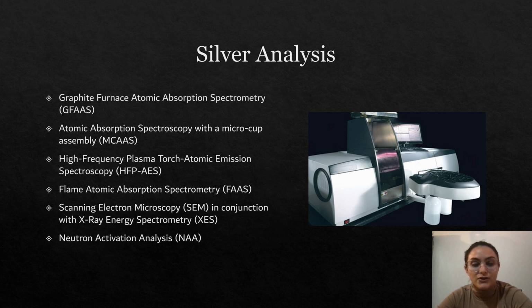These methods are used to quantify silver in different matrices such as blood, post-mortem liver samples, tissues of patients with various health conditions, and biological and environmental samples. Each method has its own advantages and limitations, and their selection depends on the nature of the sample and the required sensitivity of the analysis.